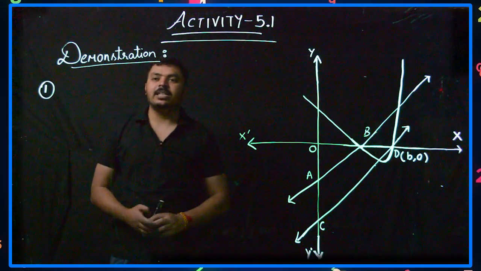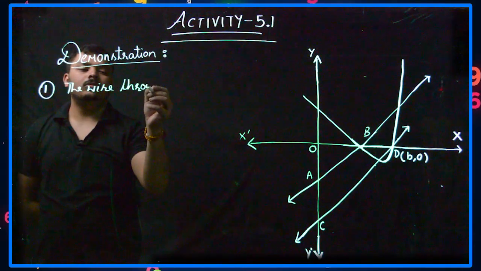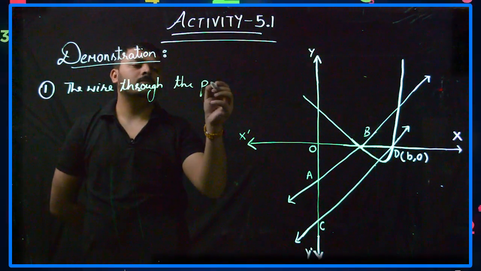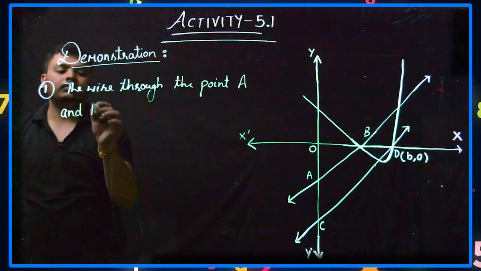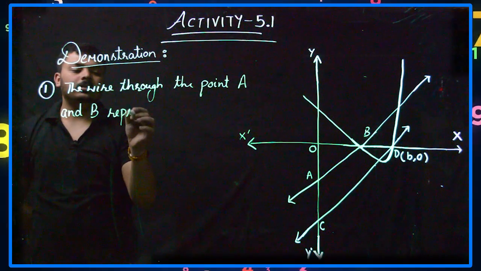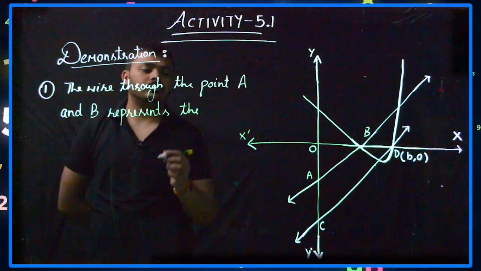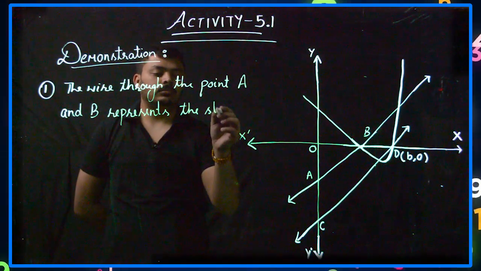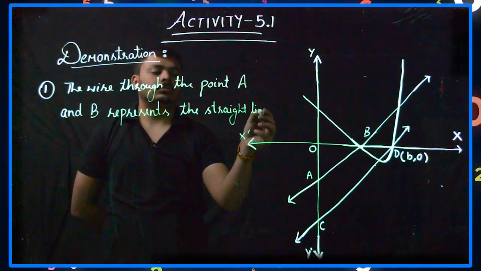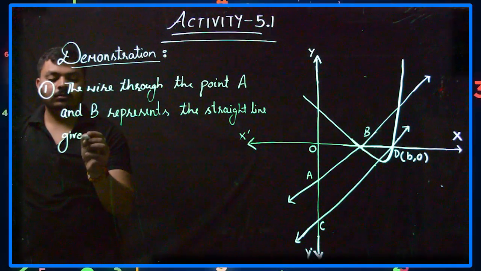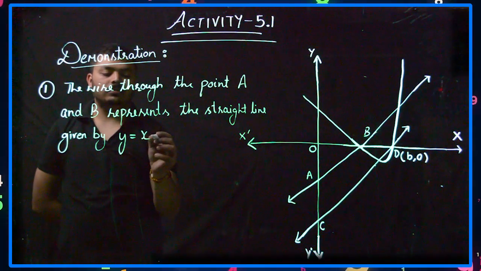So students, now let's see the demonstration for the given activity. The wire through the points A and B represents the straight line given by y equals x minus a.